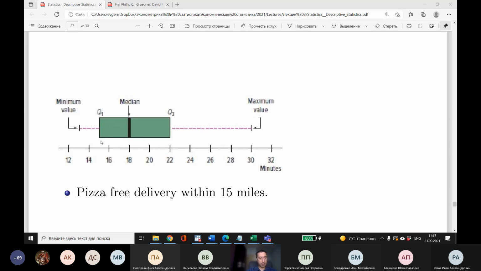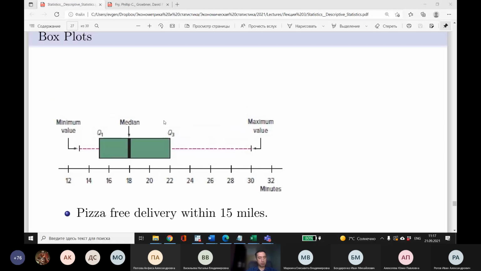And we see that 75% of our orders had been delivered within 22 minutes or less. Also we see that minimum delivery time is probably 13 minutes and maximum delivery time probably 30 minutes.